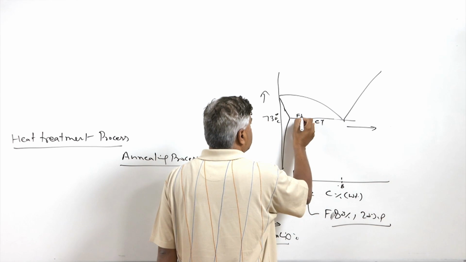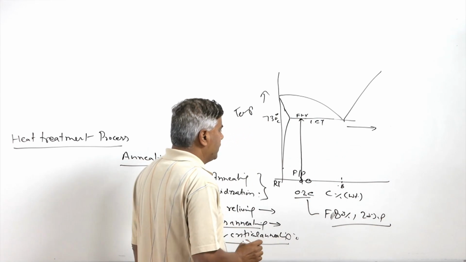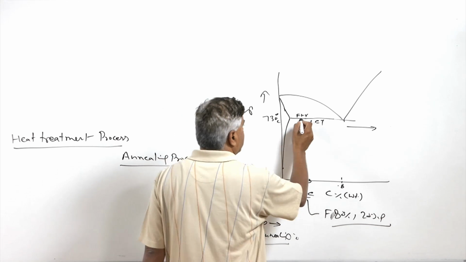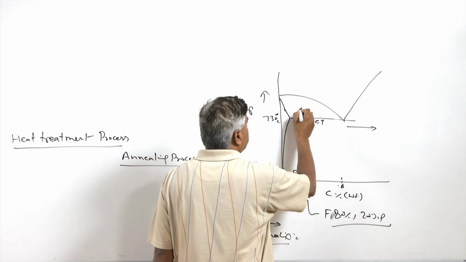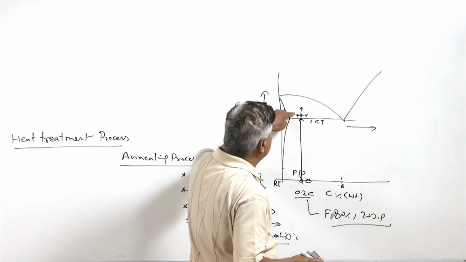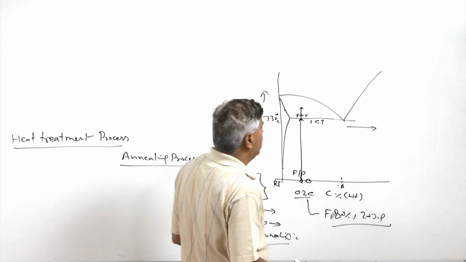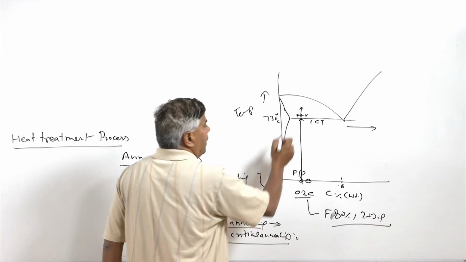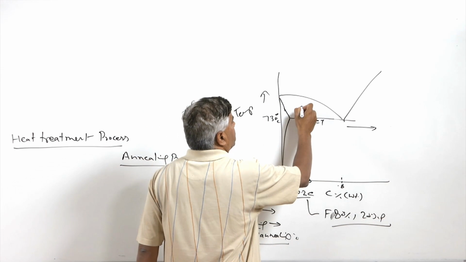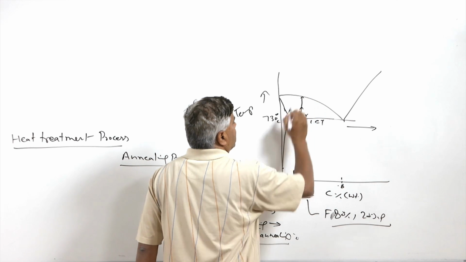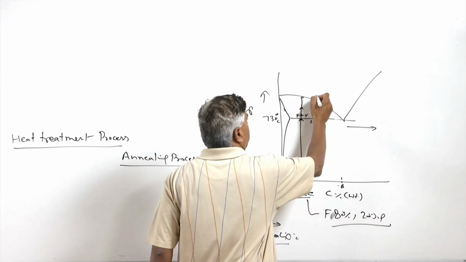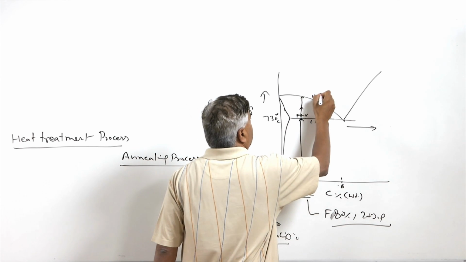So here this is the region where we'll have ferrite plus austenite, and further increase in temperature will lead to the transformation of the ferrite into austenite, and this will continue until the upper critical temperature is attained.